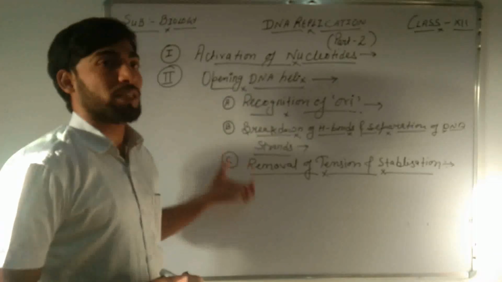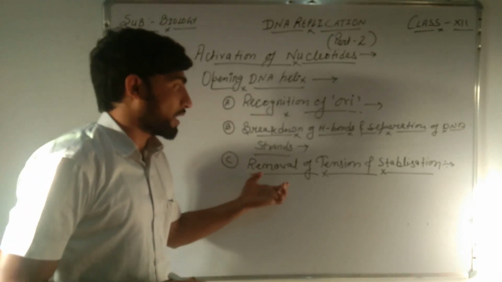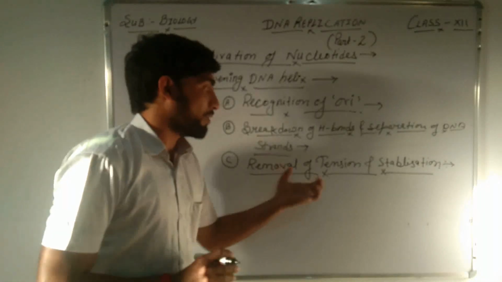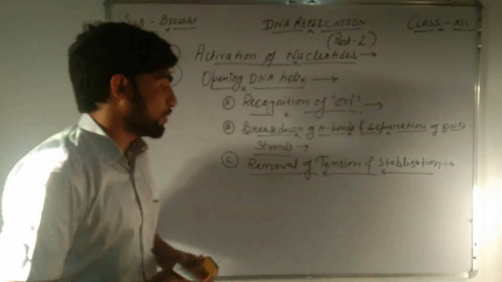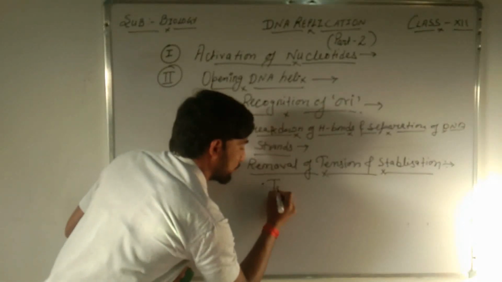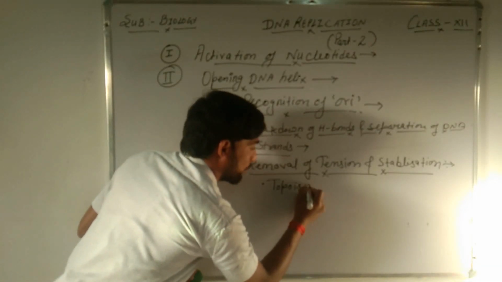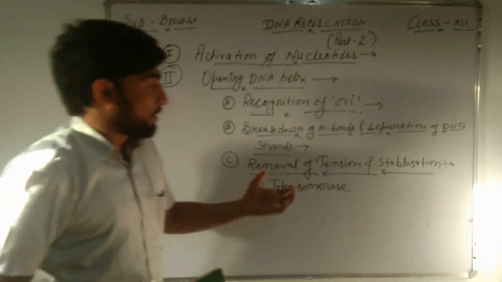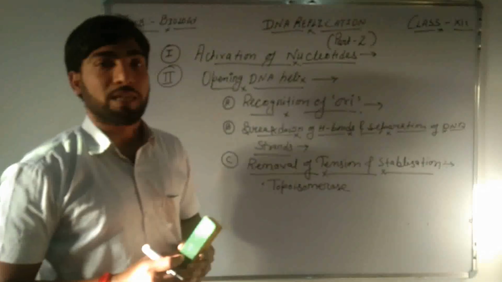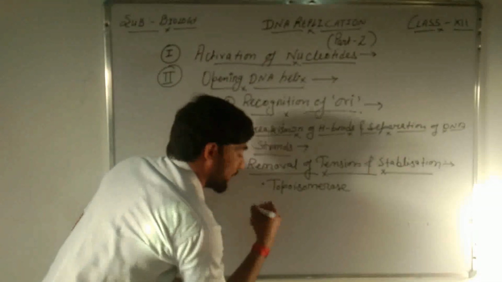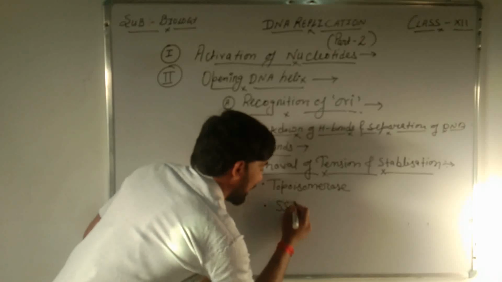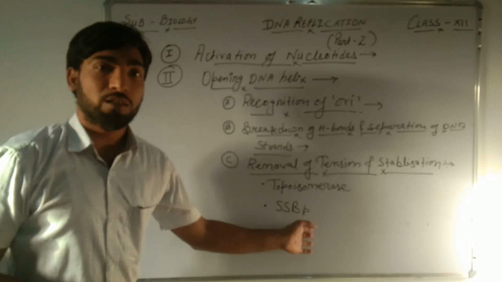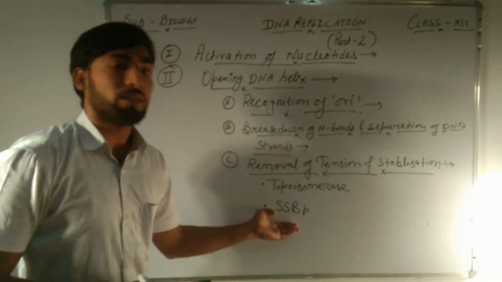Now, in the next step of opening of the DNA helix, the removal of tension from the separated strands occurs. This tension or topological stress is removed with the help of an enzyme known as topoisomerase, which we have already discussed in the previous video. And the stabilization of the separated strands is carried out with the help of another enzyme known as SSB, that is single strand binding protein, also known as single strand stabilizing protein.